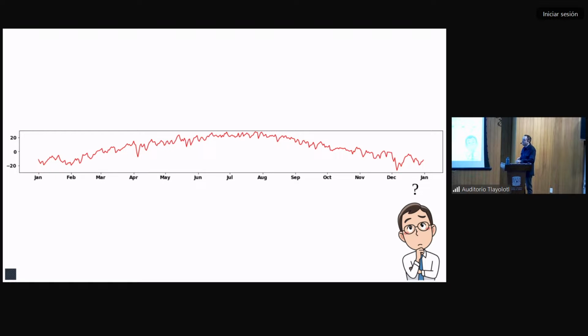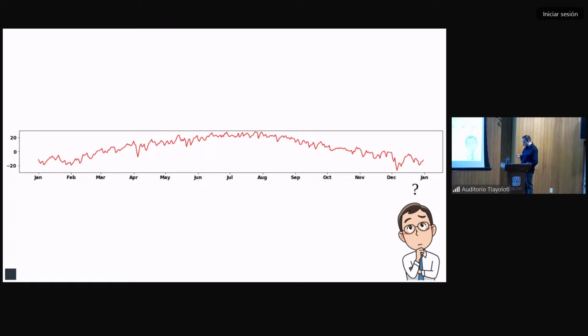So let's use a time series of any atmospheric variable in some place on Earth, and let's suppose that this is temperature in a place in the northern hemisphere. You can see that this time series has a very interesting pattern, and we want to understand what process produced this pattern.